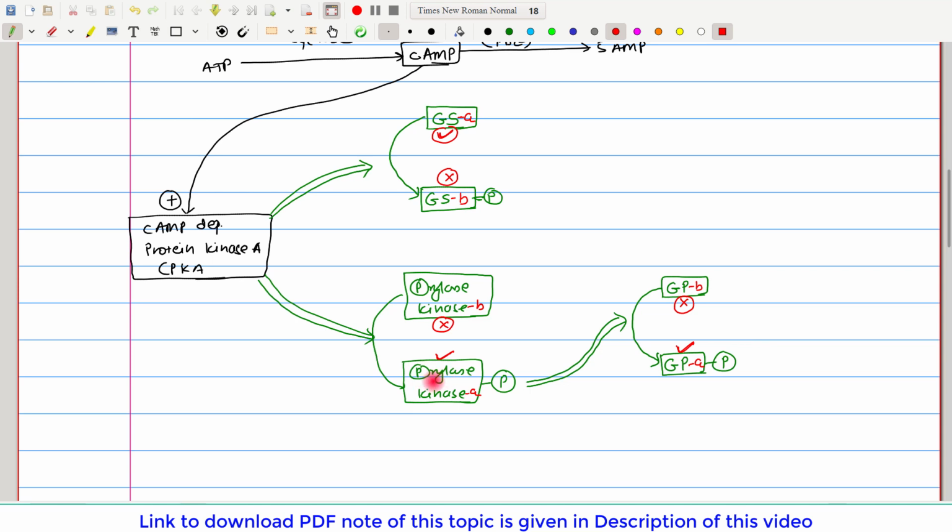See here, in the case of phosphorylase kinase, there is a phospho in the name, so it is active in the phosphorylated state. Glycogen phosphorylase also has a phospho in the name, so it is active in the phosphorylated state. Whereas glycogen synthase has no phospho in the name, so it is active in the dephosphorylated state. So by this mechanism, you can easily remember which form will be active. And remember, this trick is only for glycogen metabolism. This is not a general trick.